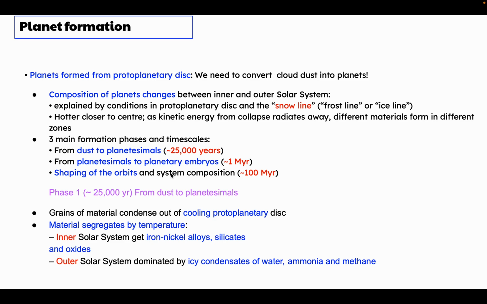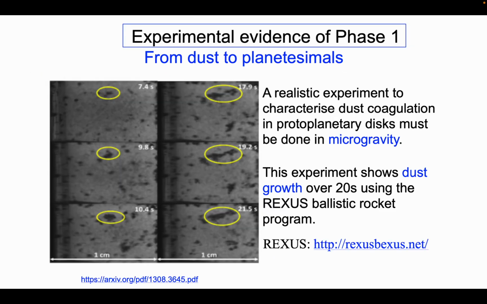One thing we must know is why this stage happens so fast, and what kind of bonding these grains have so that they can form planetesimals.